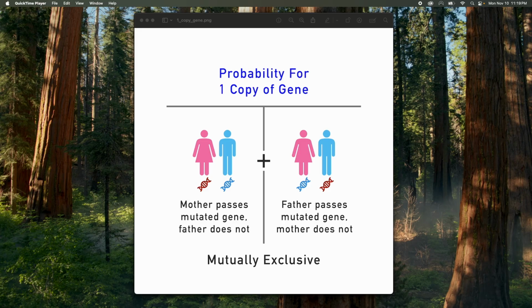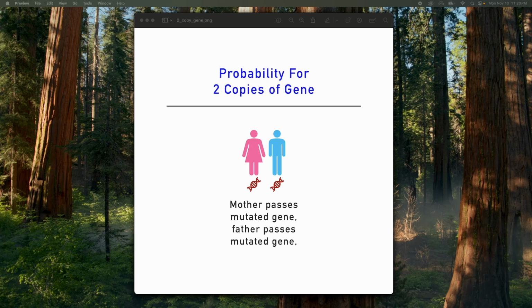It could be the mother and not the father, or it could be the father and not the mother. The two are mutually exclusive, so we can add the 2 probabilities together. For the world where we have 2 copies of the gene, the probability of this world is the same as the probability that both parents have passed us the mutated gene.